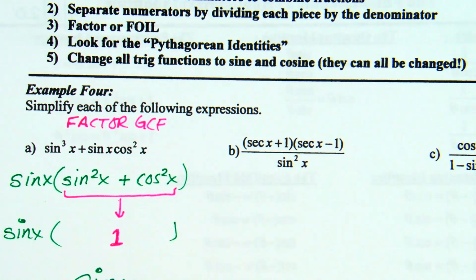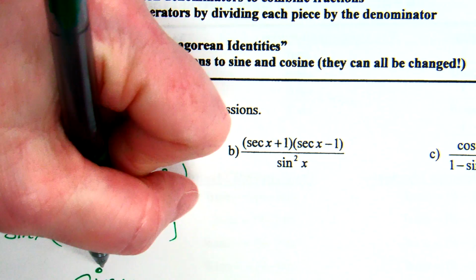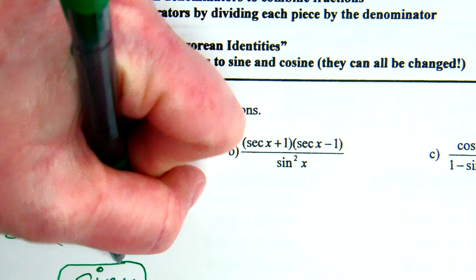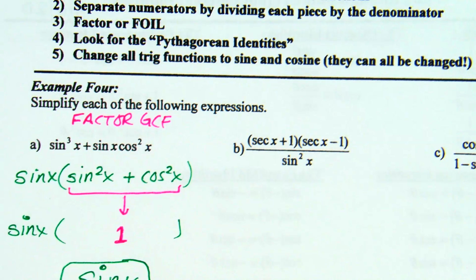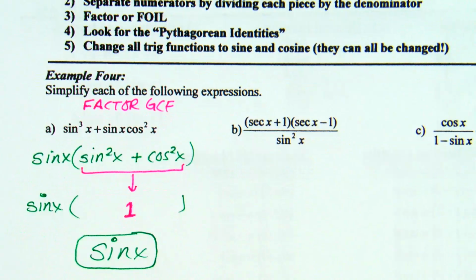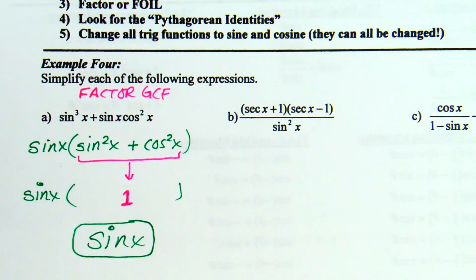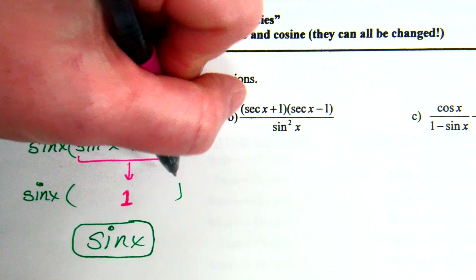Is this simplified now? Is this a lot simpler than it was? Definitely a lot simpler than it was. I will say a challenge is knowing, have I gone far enough? However, when I get to something like sine x, there's not really a question of have I gone far enough. We're there. And if you want to write it in, what was that step I used right here?